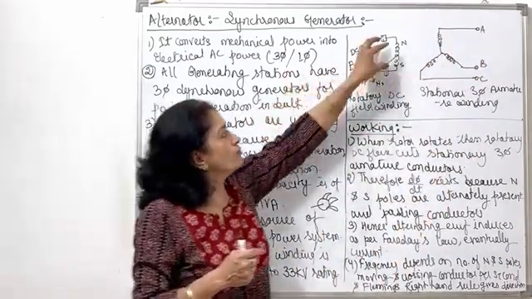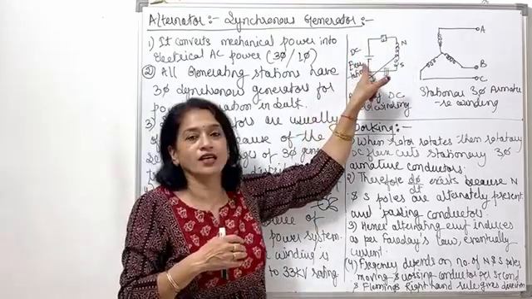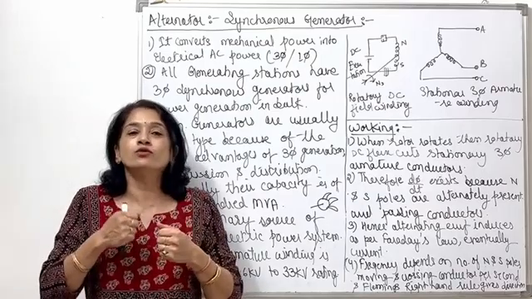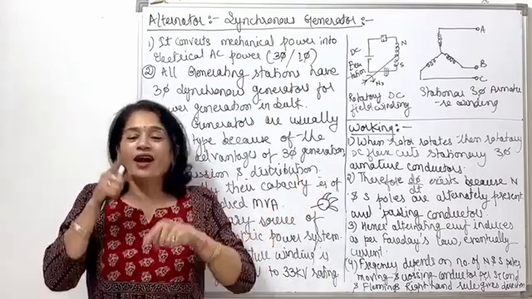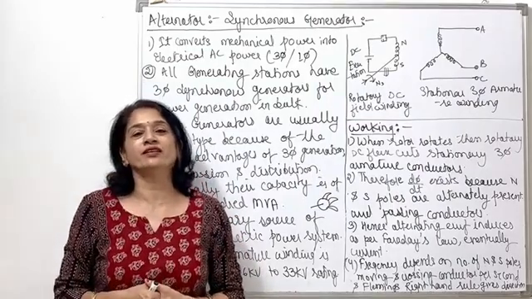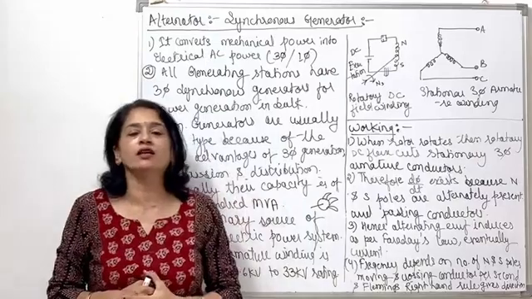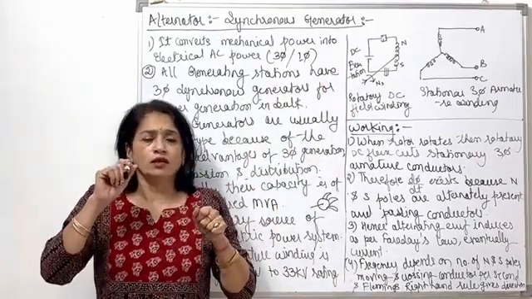DC excitation, DC current, produces north and south poles, and these poles are turned by the turbine, together creating the revolving magnetic field, and that revolving magnetic field is cutting the individual conductors of the armature winding.